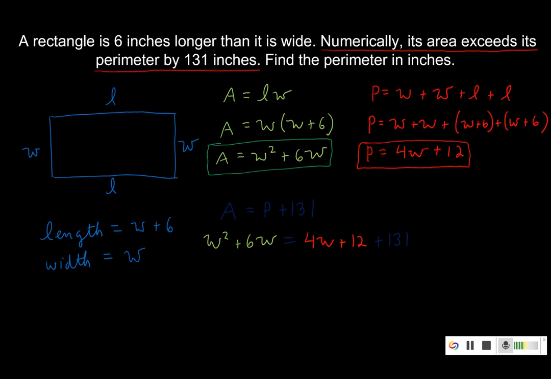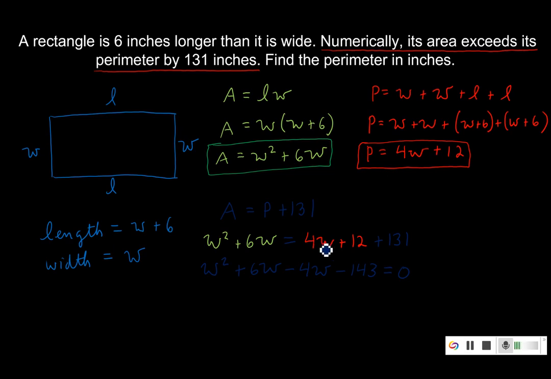Well, the first question I would ask myself is, what type of equation is this? Because the highest exponent that I see for the variable that I'm solving for is a 2, that means this is a quadratic equation. To solve a quadratic equation, I get all of my terms on one side of the equal sign and 0 on the other side, and then factor.